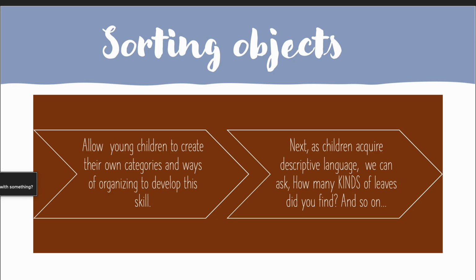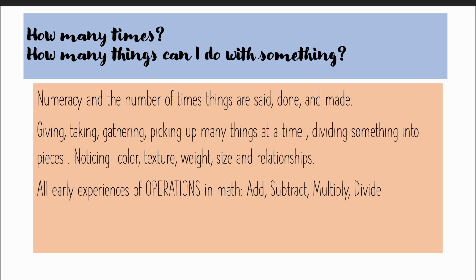Just let them put the blue button in the box of black buttons. So you want to just let them experiment with categorizing and sorting. Okay, so that's a really important part of that.